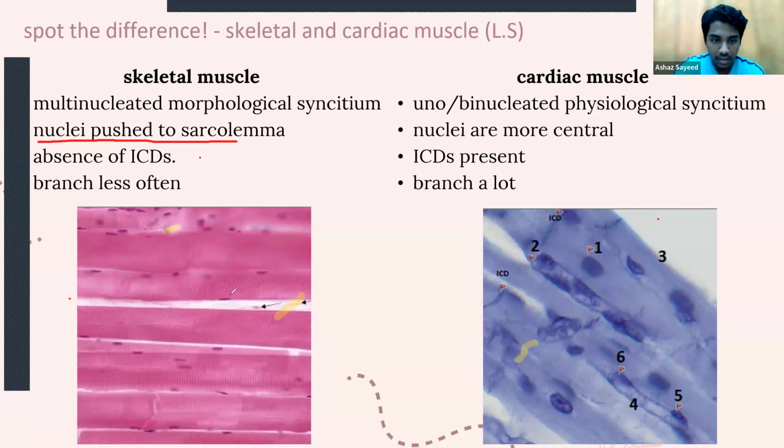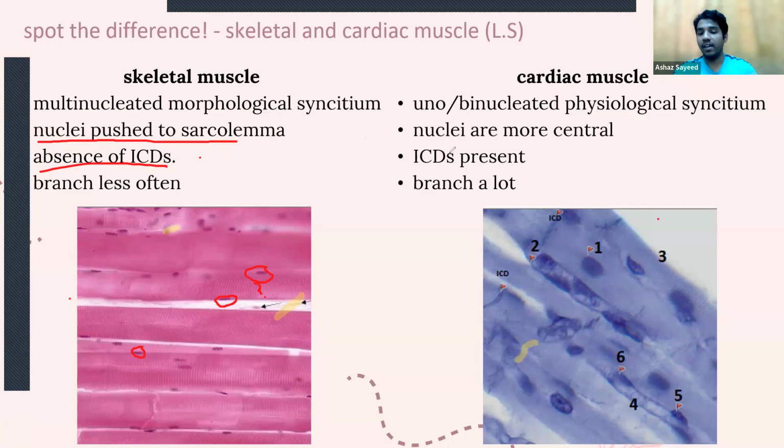See the image here: the nuclei are not at the center. They are at the sarcolemma, pushed to the ends. You don't see intercalated discs here, you don't see them at all, and the cells branch less often.